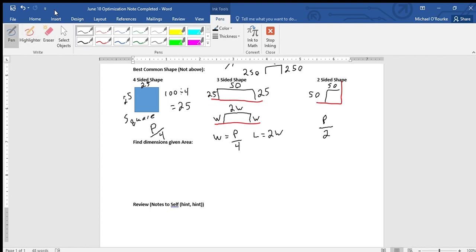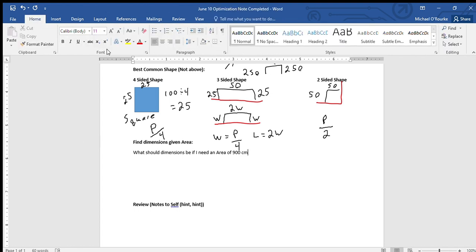Now, the one question you might get is, what should my dimensions be if I need an area of, let's say the area is 900 centimeters squared, or meters squared.